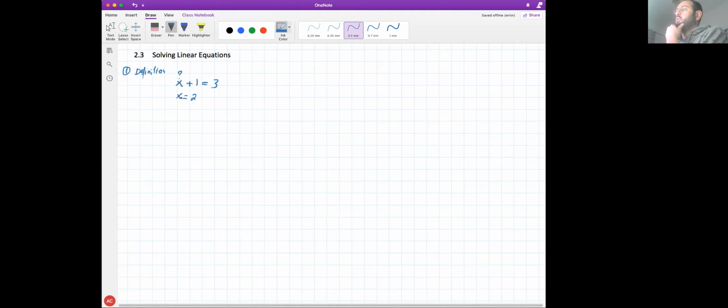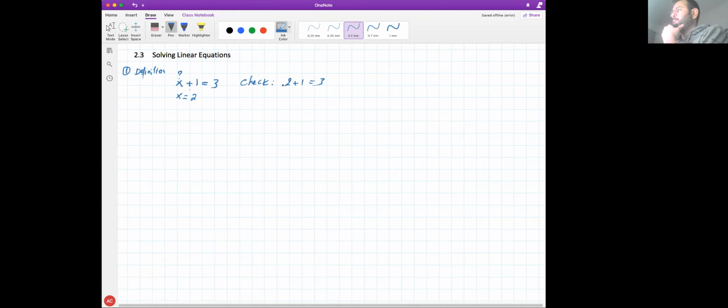This is a very simple equation. We can check if it works. If you plug it in, we should get 2 equal values. So if you plug 2 here instead of x, we get 2 plus 1.